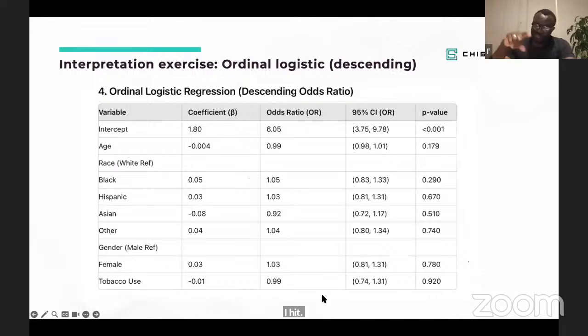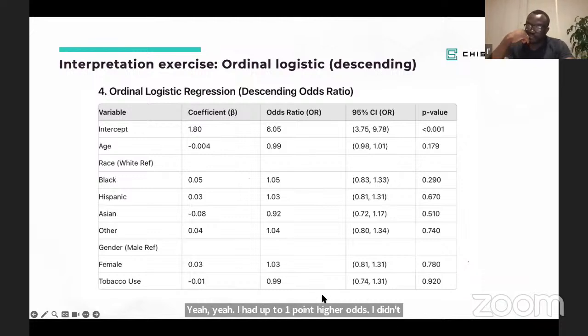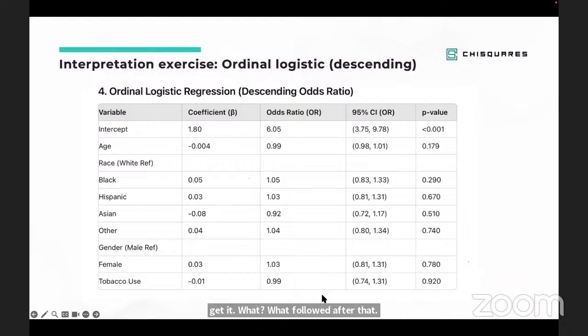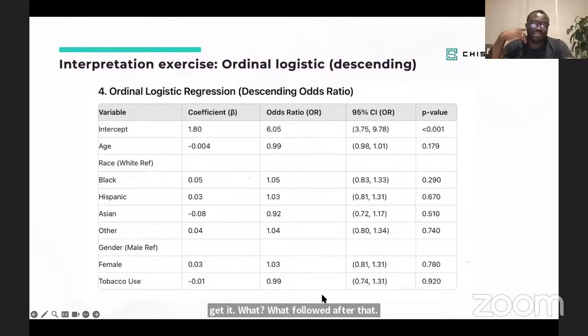I had up to 1.05 times higher odds. I didn't hear what followed after that. Okay, I think your line is really bad. Can somebody support him? I think he's on the right track, but can somebody finish it up for him?